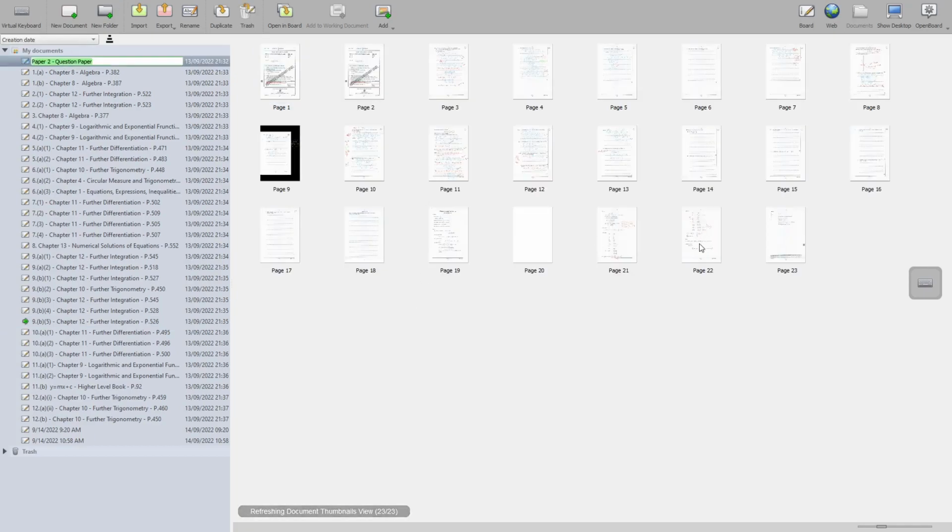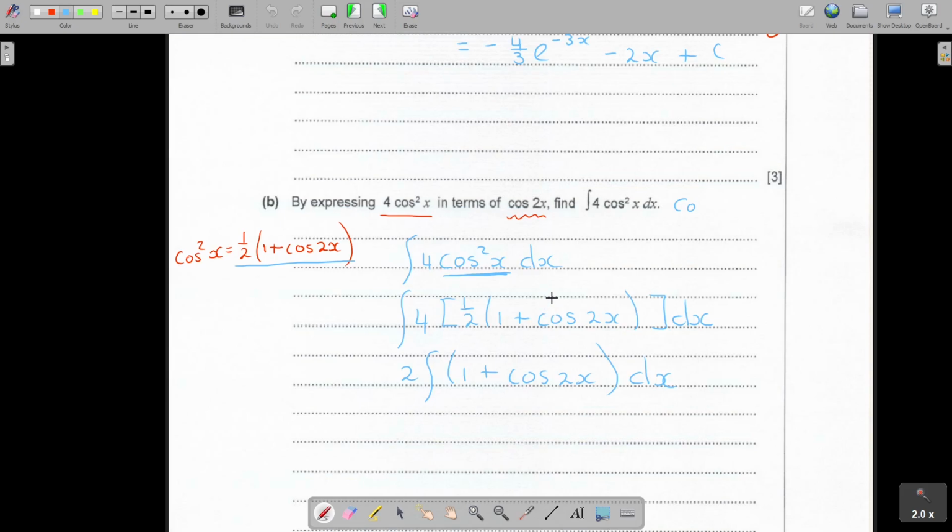I think from here it's very easy. Okay, so it's just going to be 2. And now I'm going to integrate. So this becomes x. Now can you remember what this becomes? This becomes a half. And if you integrate cos, then it's becoming sin. But it's very important that you keep that 2x.